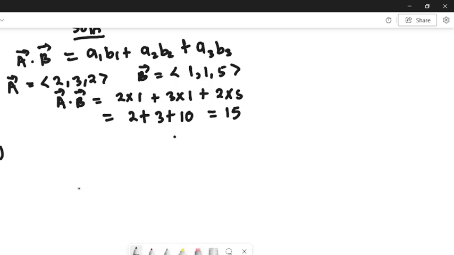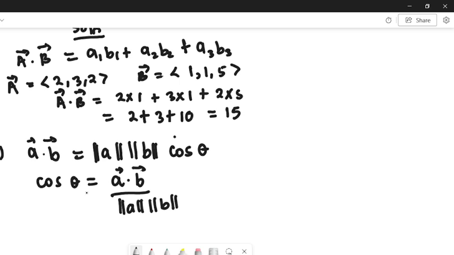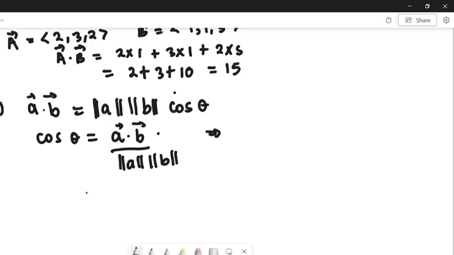Our formula states that A dot B is equal to magnitude of A, magnitude of B, cos theta. So that means cos theta is the dot product over the magnitude of A times the magnitude of B. Our first step, we already have A dot B, it's 15. So the only thing we have to get is the magnitude of A and the magnitude of B.